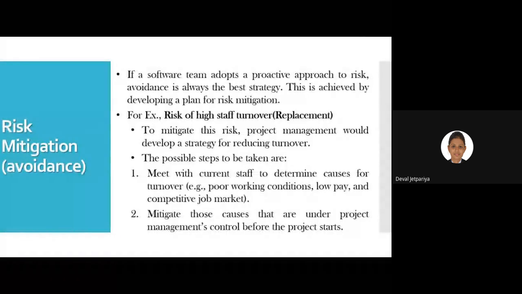Try to read this slide. Anyone who can explain this step? Very easy.